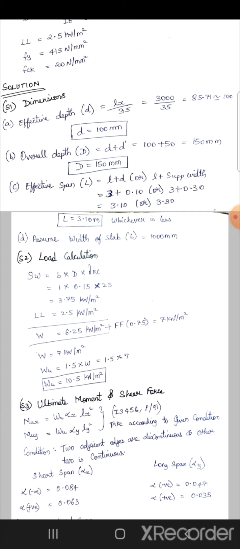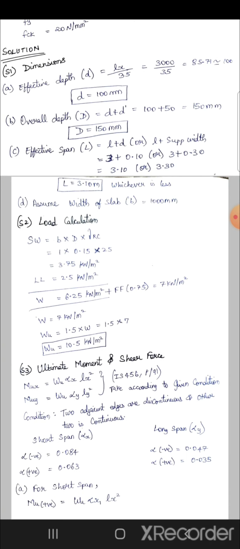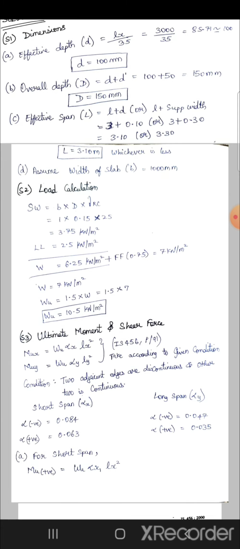Effective depth formula is Lx by 35. Answer is 85.71, rounding it 100 mm. Next is overall depth. Formula is effective depth plus d dash. d dash is clear cover. Clear cover is 50. Answer is 150 mm.